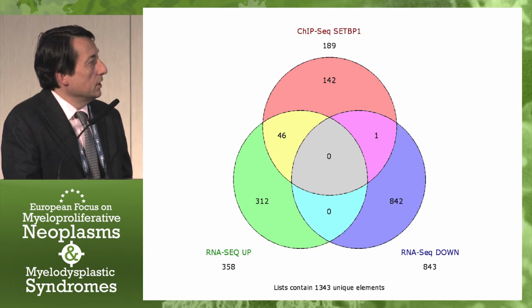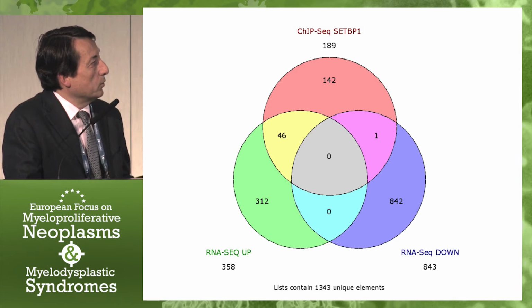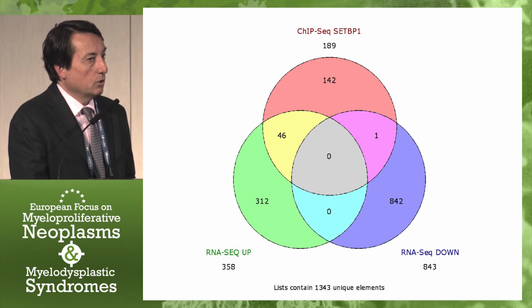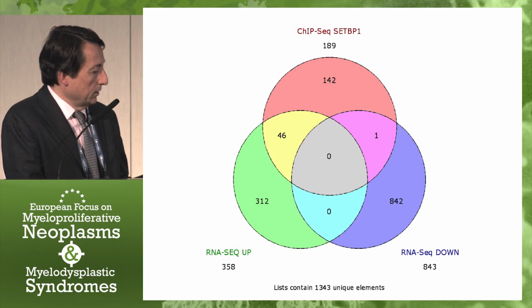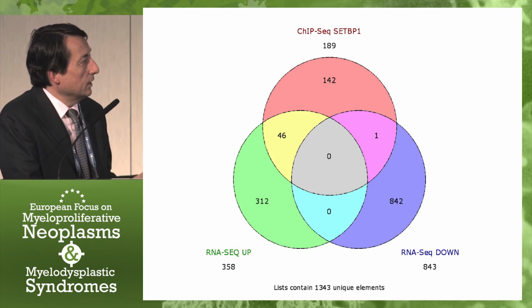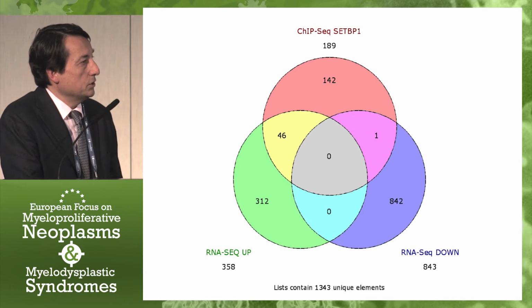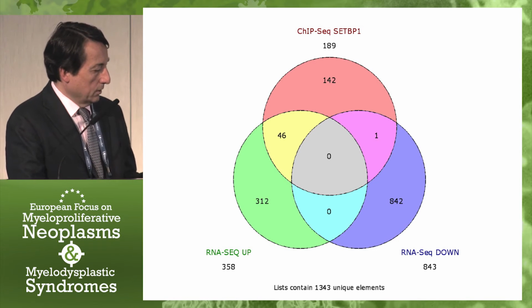It's only one gene that looks to be downregulated and shows binding of SETBP1. Of course, there is also a large number of genes that show binding, but without having an evident effect on transcription. We used here a cutoff of 2 times to consider a gene to be modified by the binding. But the main message is that the binding of SETBP1, we saw, is definitely linked to upregulation of the genes where the binding happens, and we also have confirmation of this by real-time PCR.